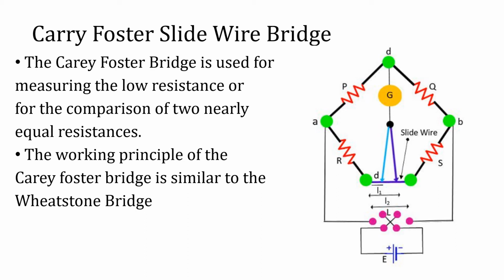The Carey-Foster bridge is used for measuring low resistance or for the comparison of two nearly equal resistances. The working principle of the Carey-Foster bridge is similar to the Wheatstone bridge.